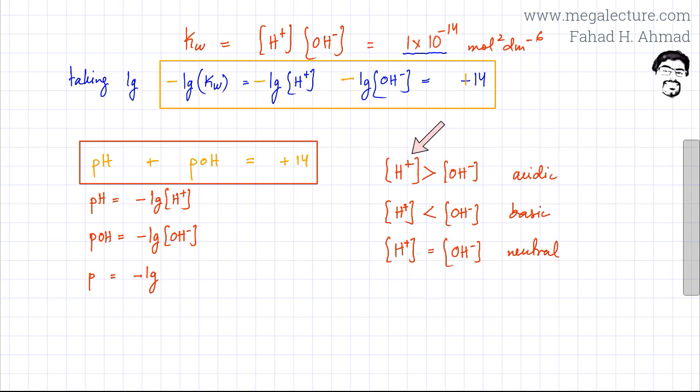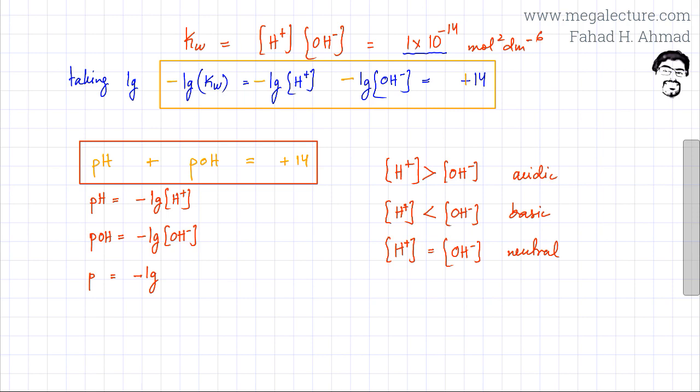So the concentration of H plus 1 must be greater, which means that there's an acid present which is producing H plus 1 ions. In other areas, some reactions would require alkaline conditions, so the concentration of OH minus 1 would be greater. Whereas a lot of reactions require neutral conditions, so the concentration of H plus 1 and OH minus 1 must be equal. So different reactions need different amounts of H plus 1. So it's very important that we know the concentration of H plus 1, whether it's high or low.